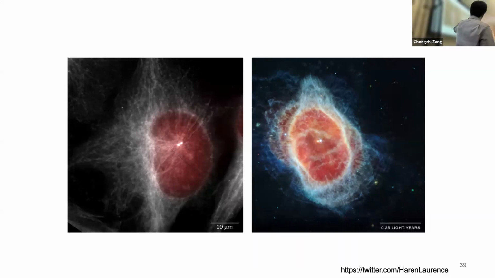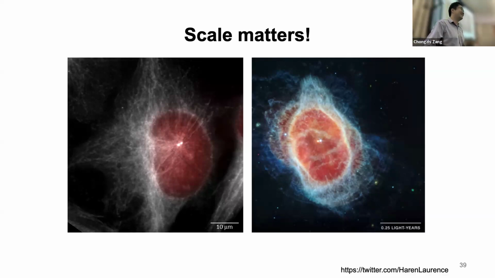After seeing the scale, the left one is actually from a cell image, and the right plot is from a picture of the James Webb telescope. So the scale is 0.25 light years. And you can see how beautiful some stars are there, how similar they are to the cells. A very huge scale difference, but scale always matters, right?